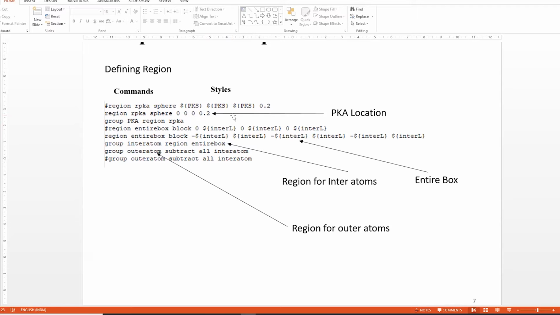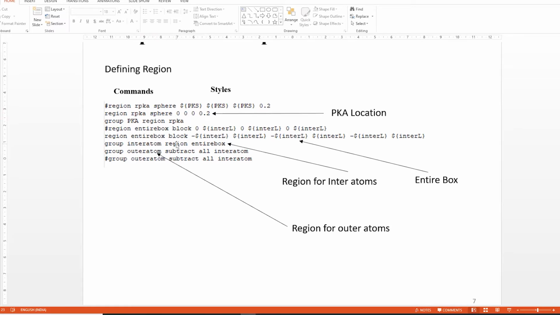From these carbon atoms, I'm taking the center of the cube or center of the box. I'm specifying the location 0, 0, 0. Okay, and I would like to select only one atom as a primary knock-on atom. Later on I will make clear what is primary knock-on atom and why I'm taking this. Okay, so this is the command for that.